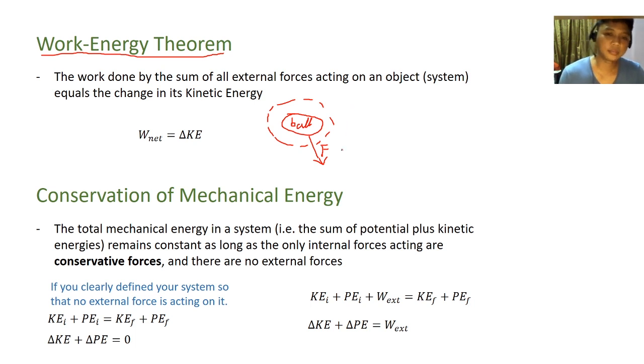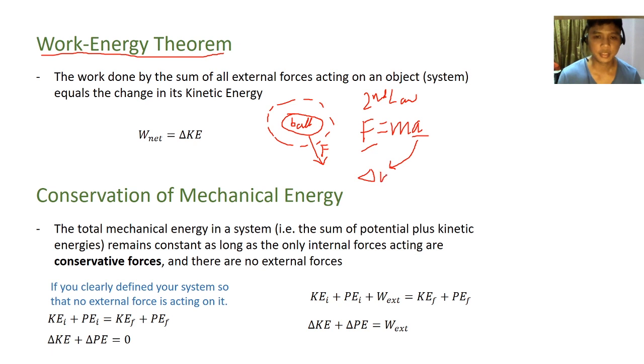And now, do you remember Newton's second law of motion? F equals ma, right? So since there's only one force acting on the ball, this force will cause that object to accelerate. And acceleration leads to a change in velocity, which in turn leads to a change in kinetic energy.